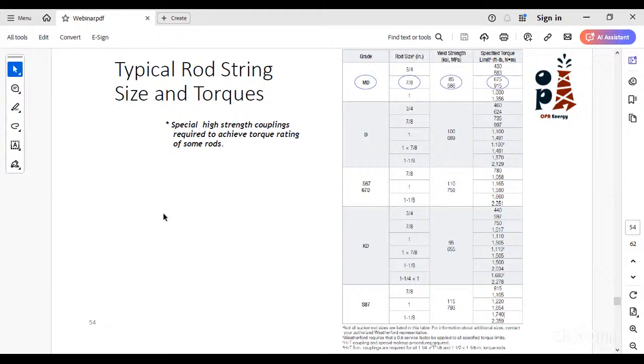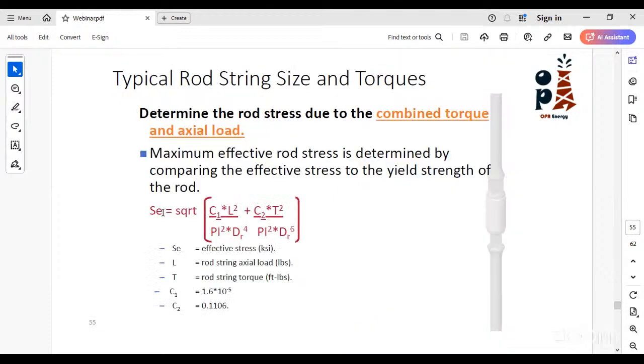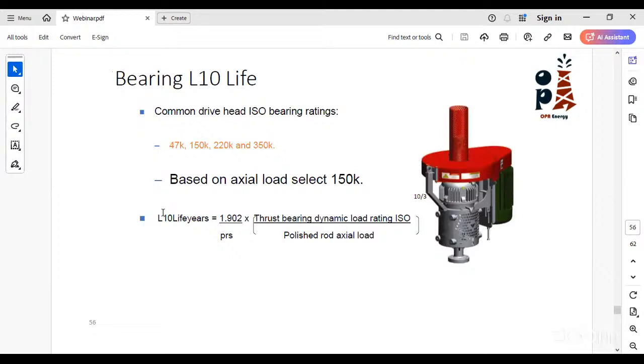So we have now chosen the pump and the rods. What is remaining? The surface equipment. So we need to calculate or choose surface equipment that fits our application.